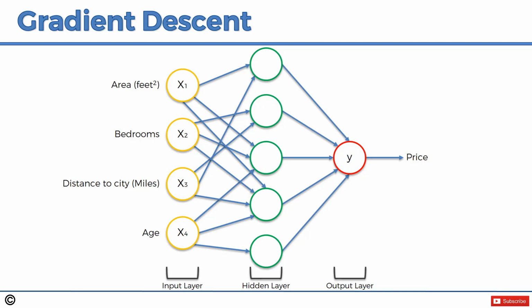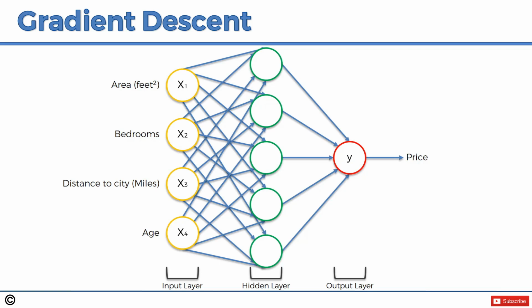Before it's trained, before we know the weights, the actual neural network looks like this, because we have all these different possible synapses, and we still have to train up the weights. Here we have a total of 25 weights: 4 times 5 at the start, plus 5 more from the hidden layer to the output layer, 25 weights total. And let's see how we could possibly brute force 25 weights.